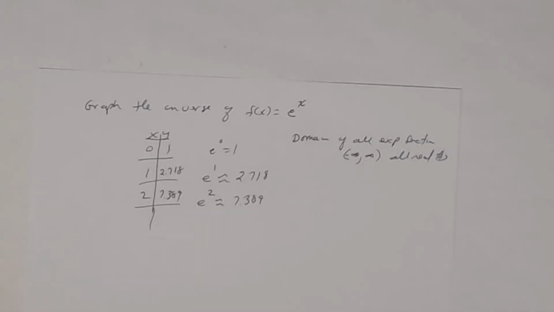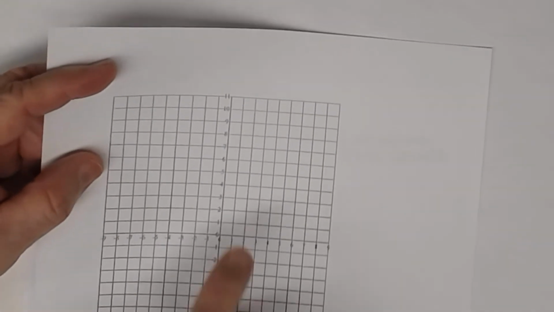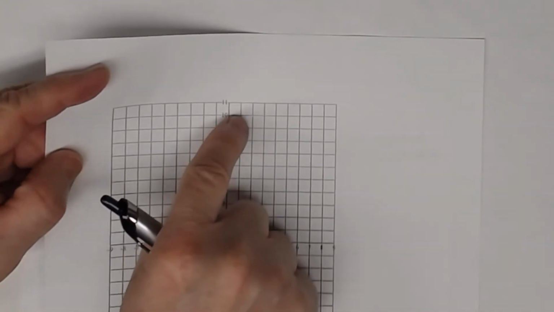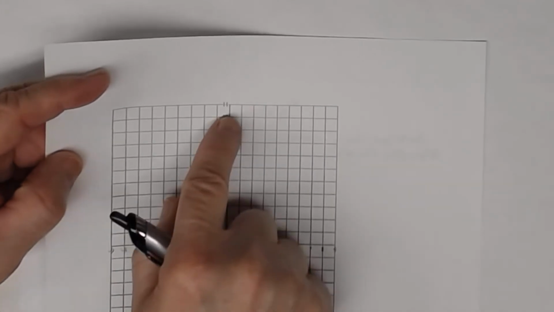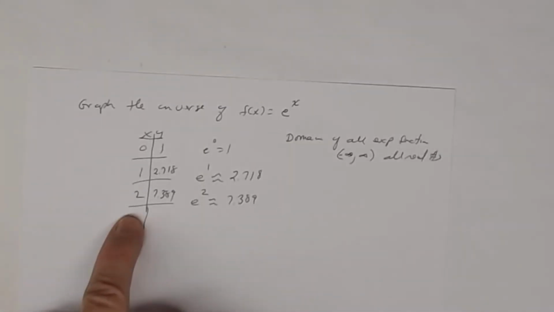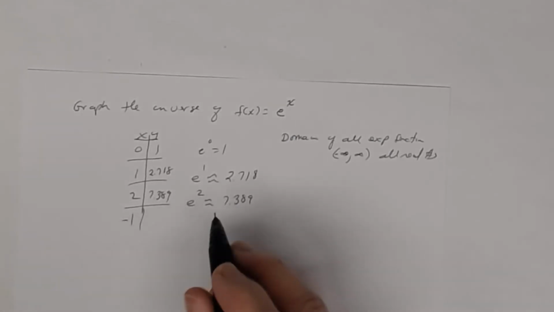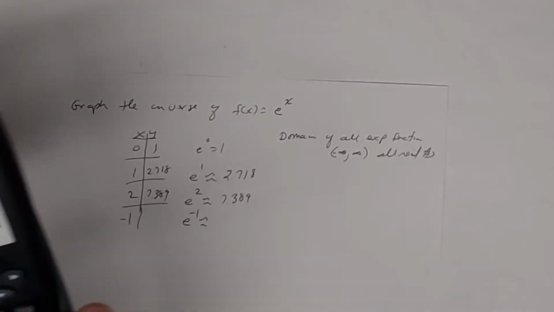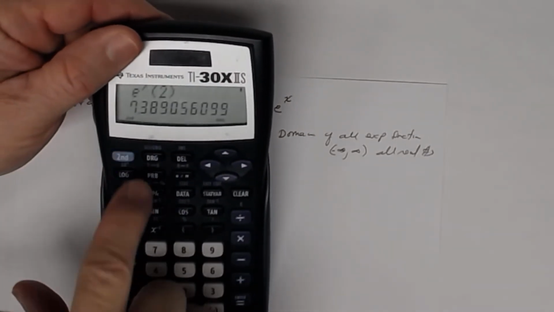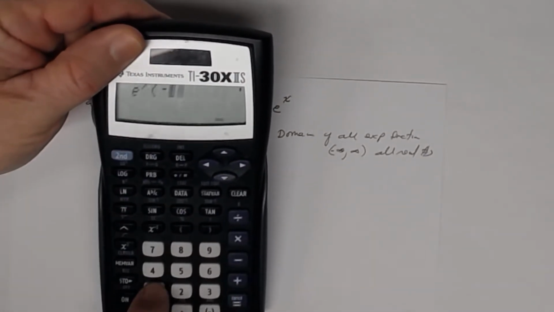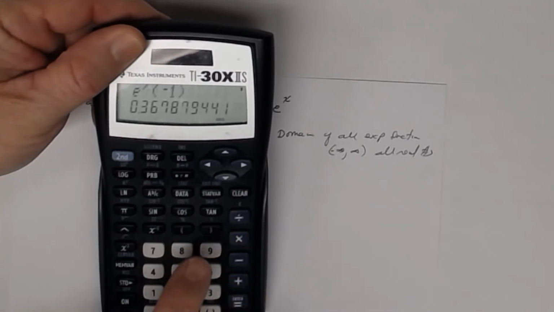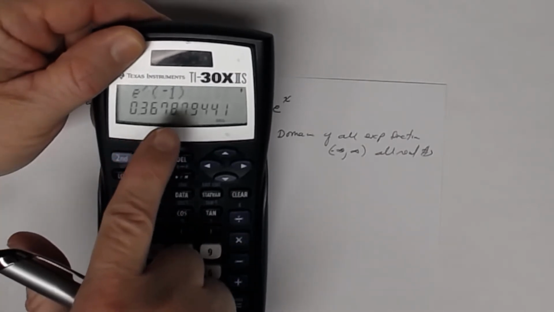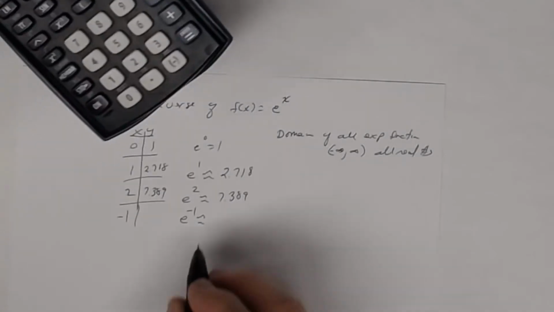Since I'm using this coordinate grid, the highest y value is 11, so if I go to 3, it's going to be much bigger than that. So let's use a negative number. e to the negative 1: second ln, negative 1, close the parentheses, equal. That's about 0.368.